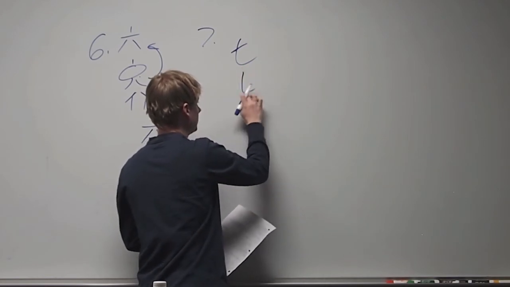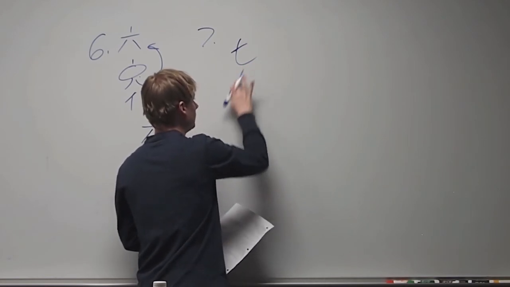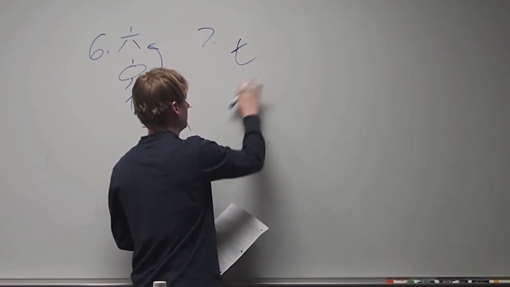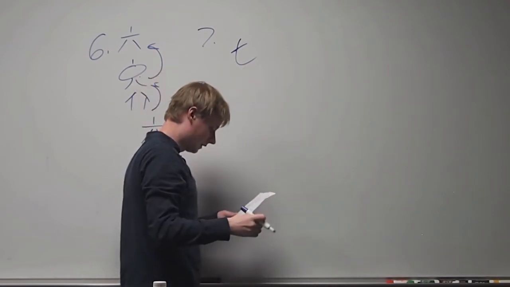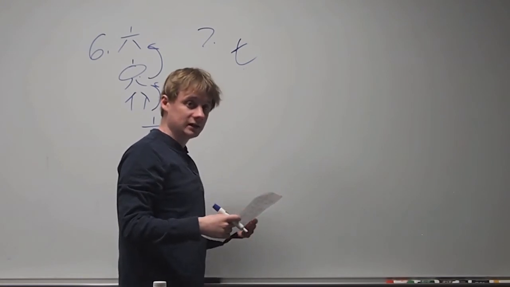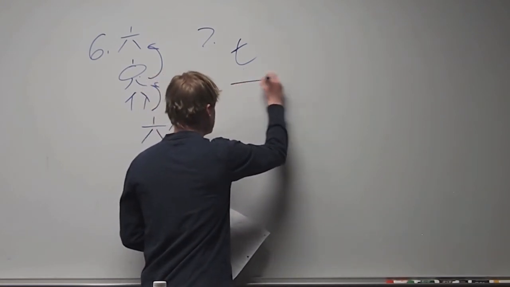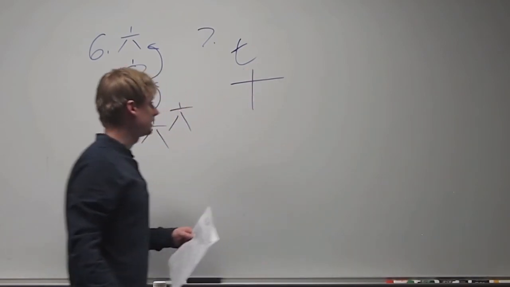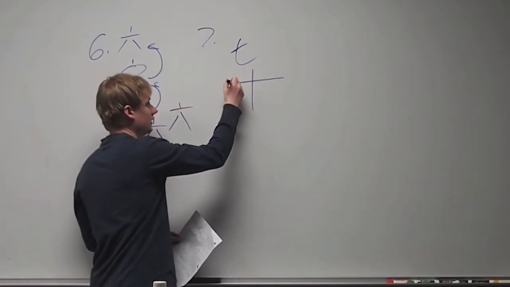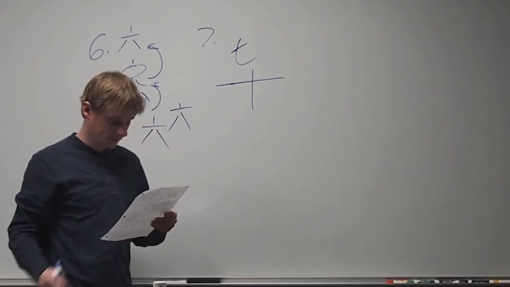Well, it more had a curve to it. But you're 7. Okay? Originally, guess what it used to be? Weird, but it used to be this. Alright? That used to be your 7.